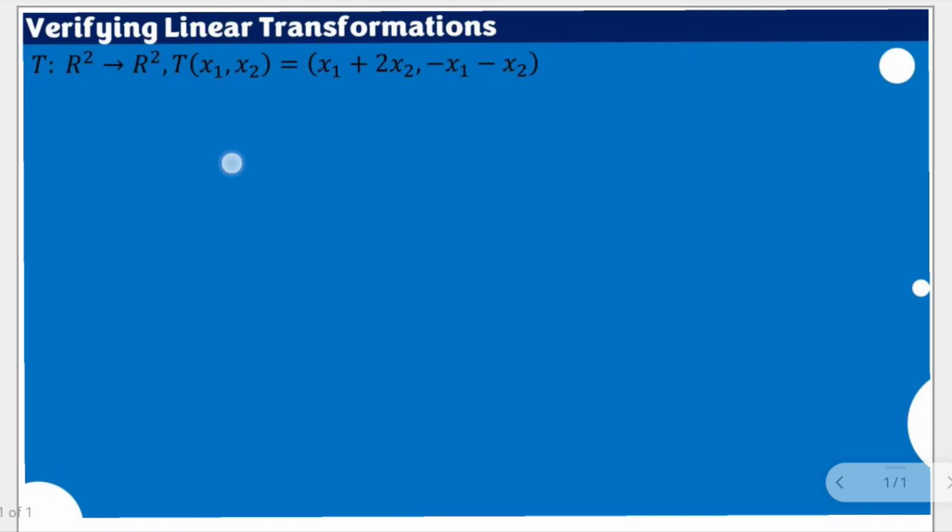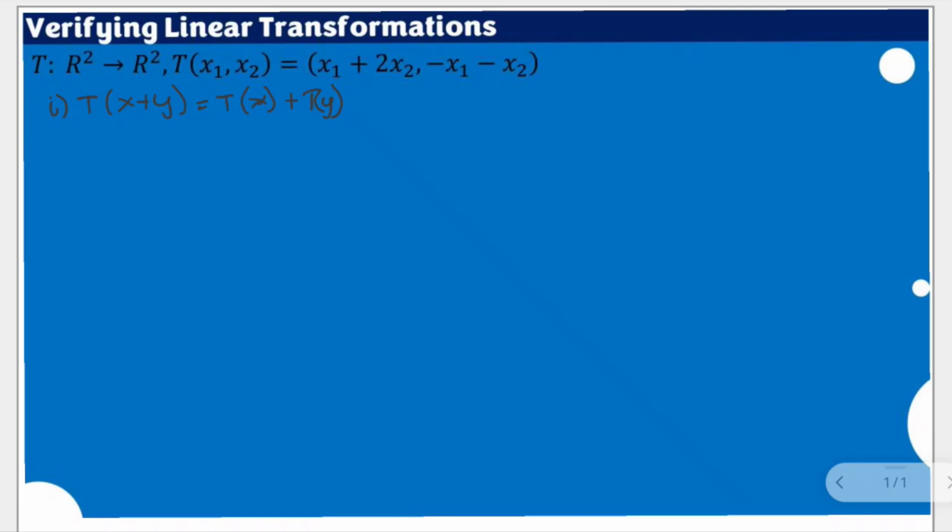conditions. The first condition is that the transformation of a sum, let's just say x and y, is equal to the transformation of x plus the transformation of y. We need to verify this to say that we are one step closer to showing this is a linear transformation.